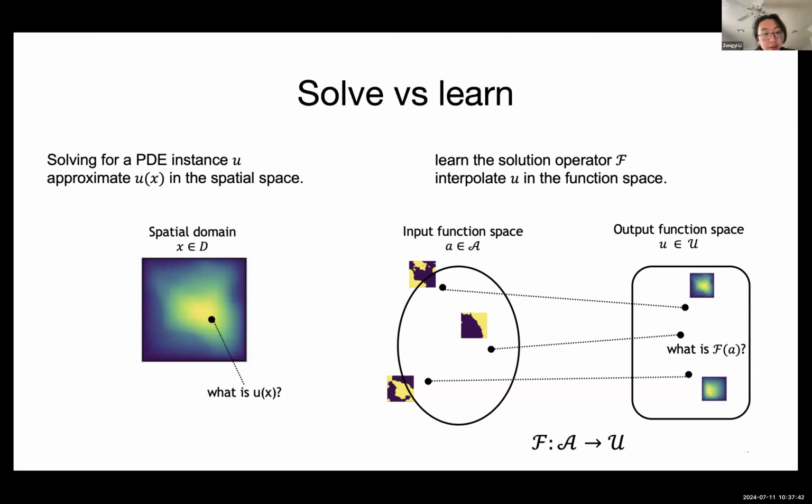So compared to solving one equation, which discretizes the spatial domain, learning an operator is to discretize the function space. In this sense, the input functions contain all types of inputs, for example, all types of input coefficients or all types of initial conditions. And this map will try to match the input function space to the output function space.